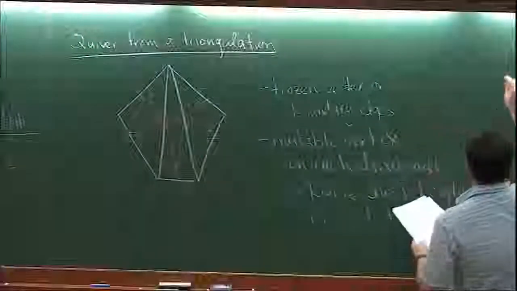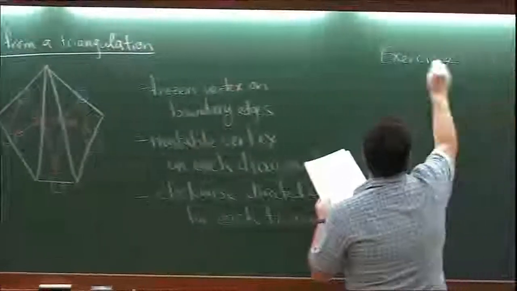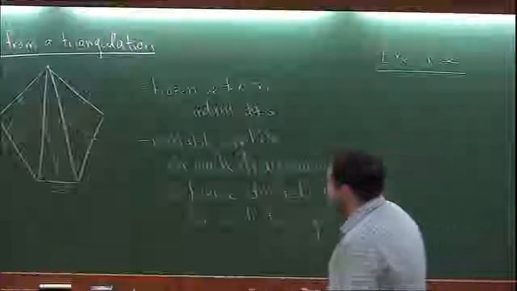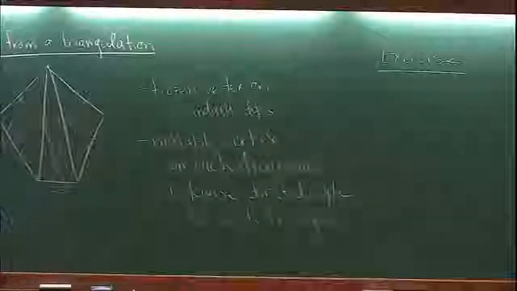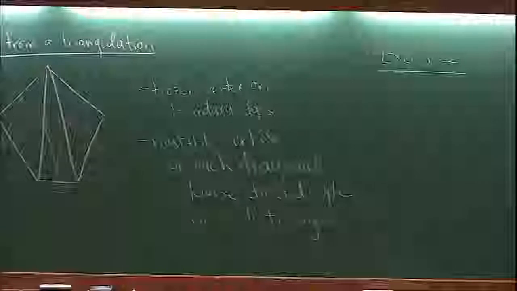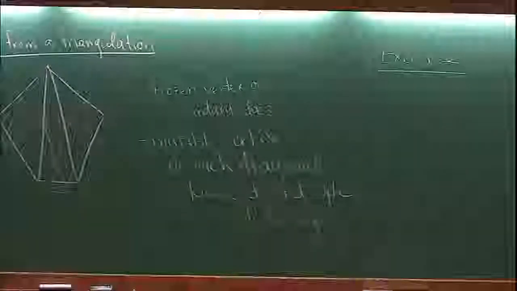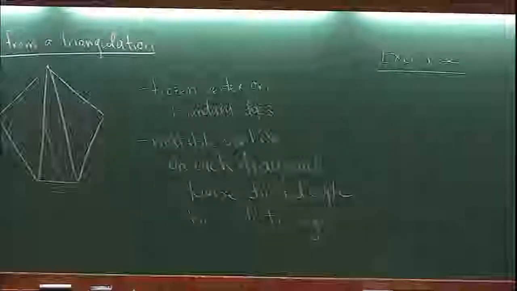So here's an exercise if you want to get some practice on this. One nice thing is that this process of going between a triangulation and a quiver preserves mutations and flips are doing the same thing.